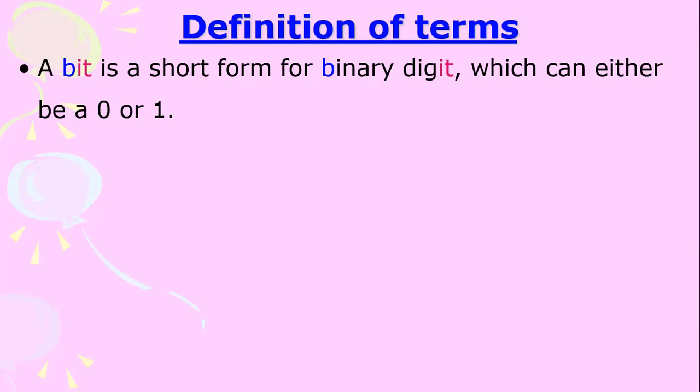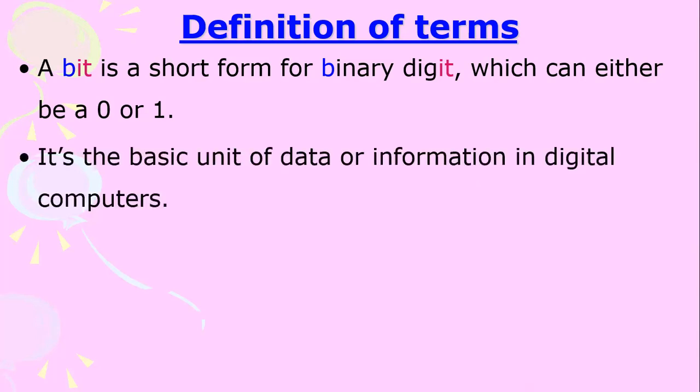A bit, just as I have said, is a short form for binary digit, B for binary, IT for digit, which can either be a 0 or a 1. It's the basic unit of data or information in digital computers.